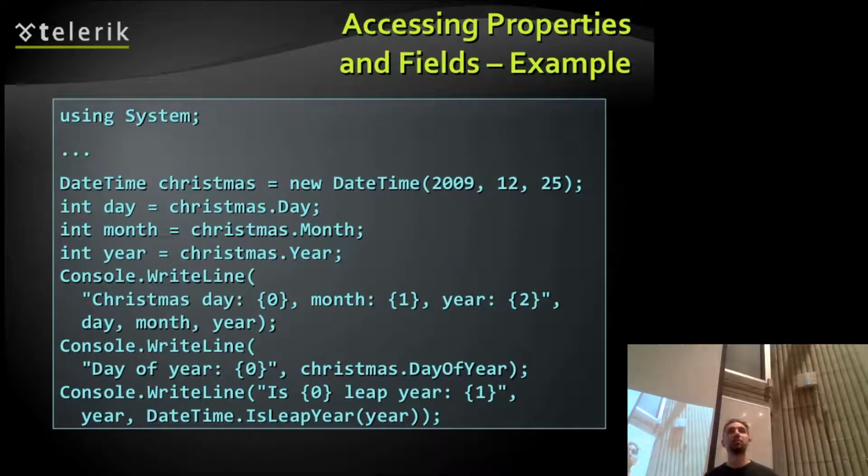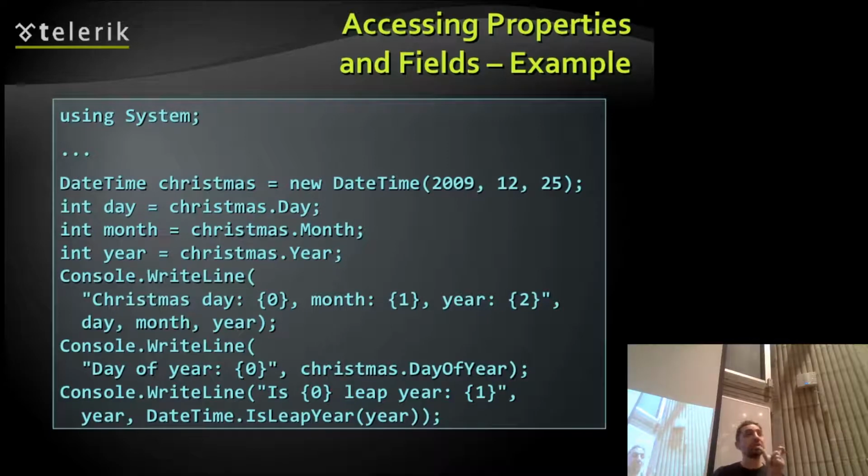With me so far? This data type has at least information about the year, the month, and the day. Probably, given that it's a date time, it also has information about the hour, the minute, and the second. With properties, we can access Christmas.day.